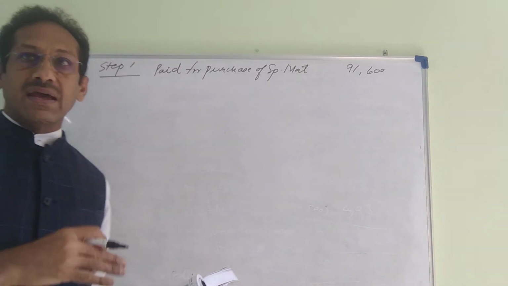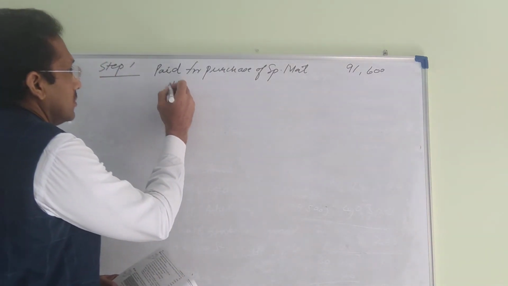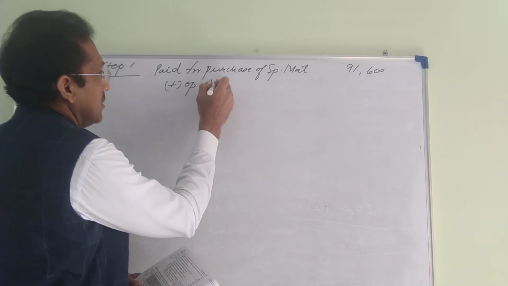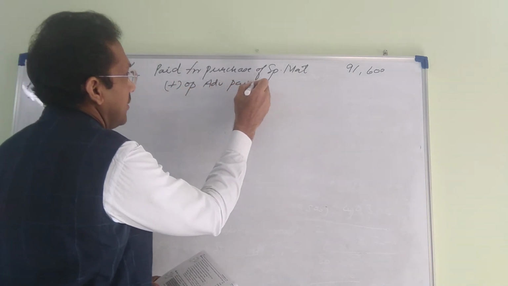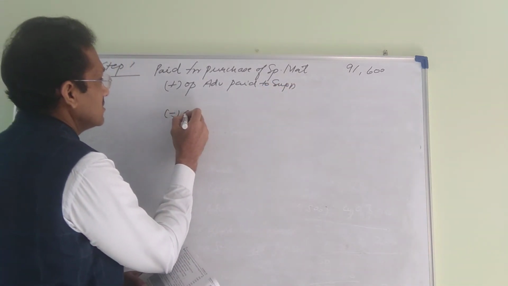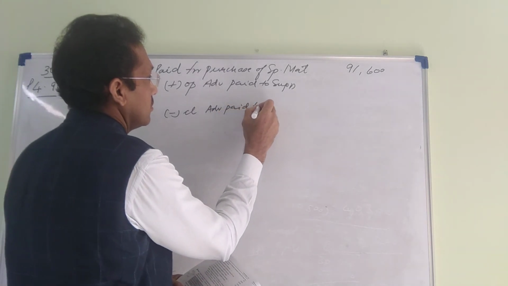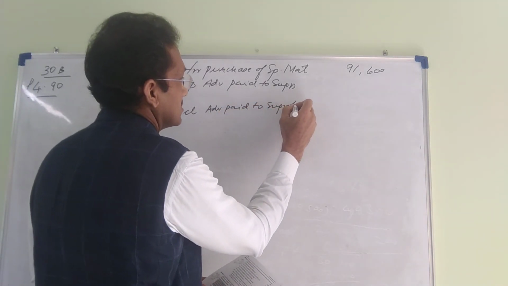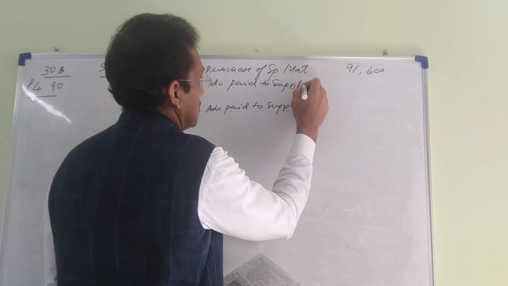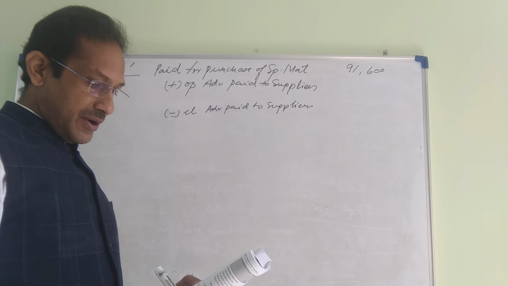First we will take the advance to suppliers. So add the opening advance paid to suppliers and minus the closing advance paid to suppliers.